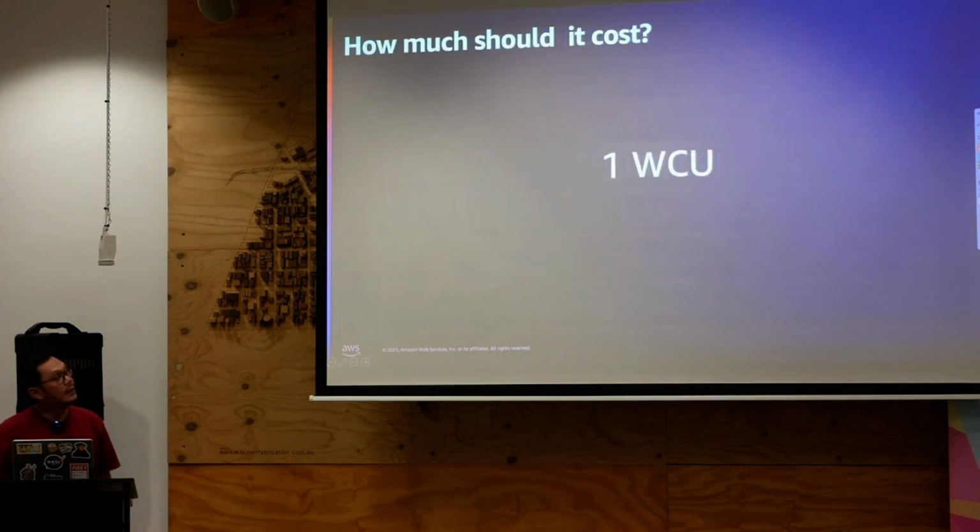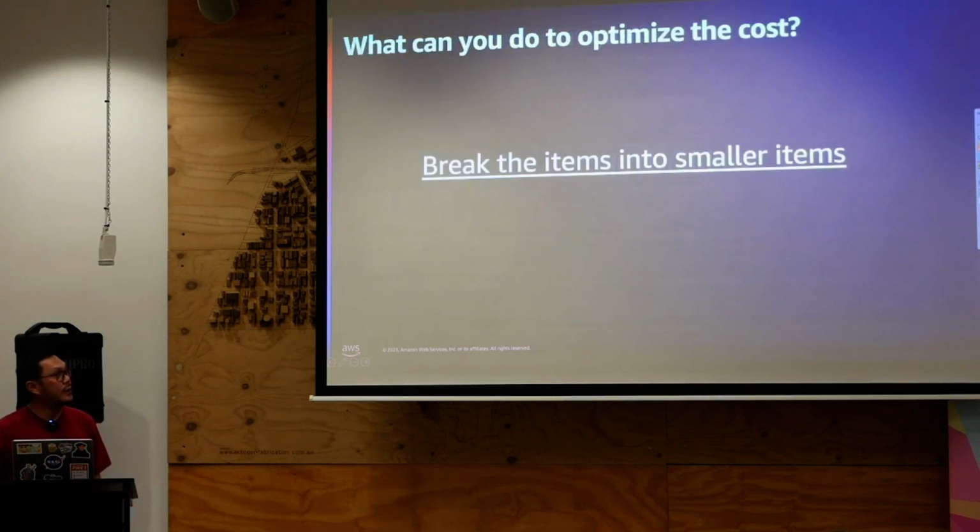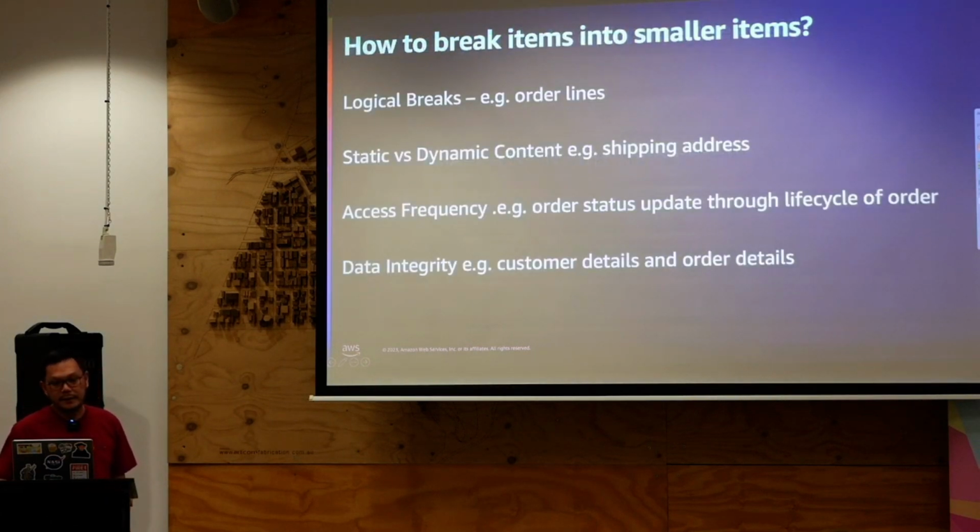So what can you do to optimize the cost? I think vertical partitioning. So break the item into multiple items. And how do you do it? One is the logical break. I think order lines is probably the one that is quite easy.